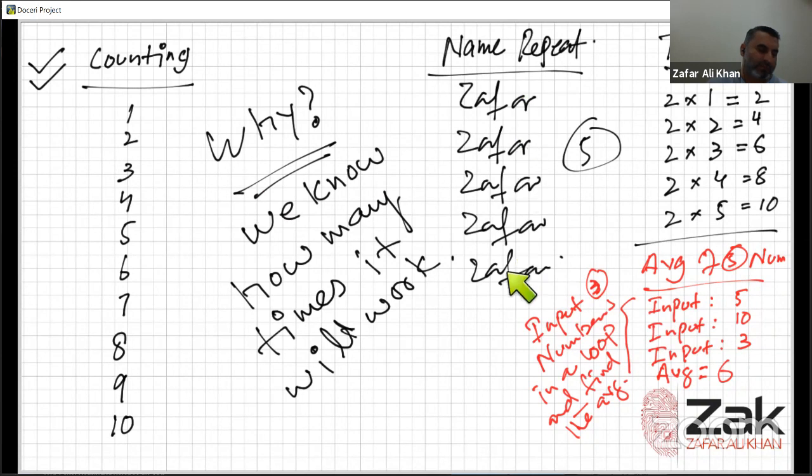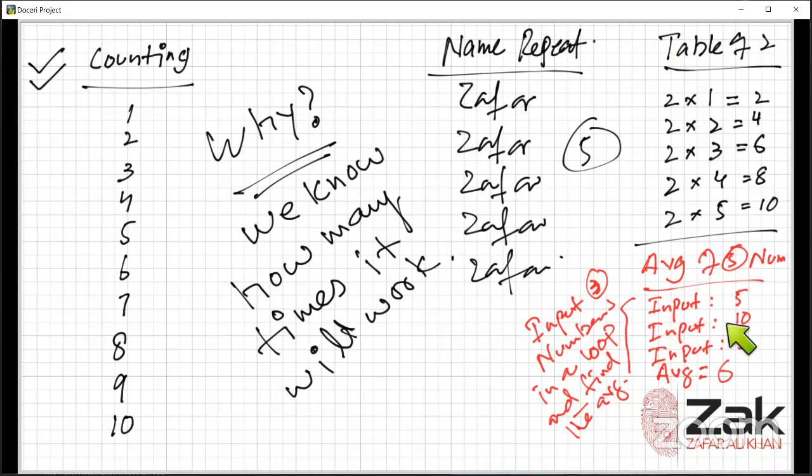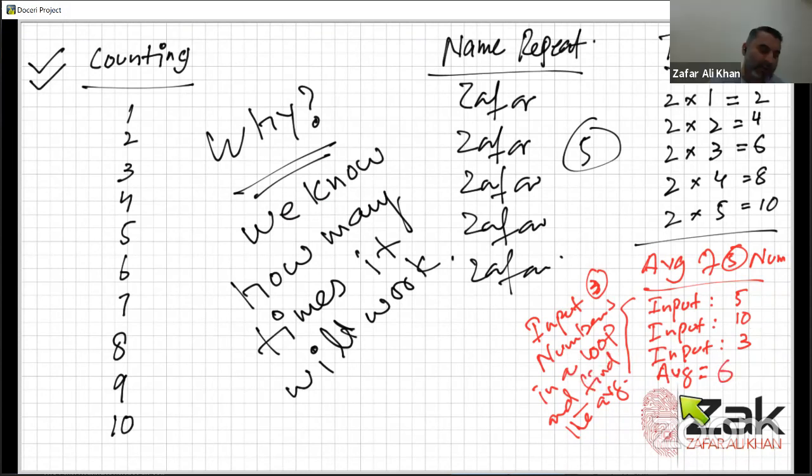It would go 5 times, the same thing. Sometimes I may be more technical, with more requirements. If more requirements are established, then I may go for a table of 2, or maybe a table of any input that the user has made 5 times, or average of 3 numbers, where I will go for 3 numbers input and then I'll find the average, but the input will be in a loop.